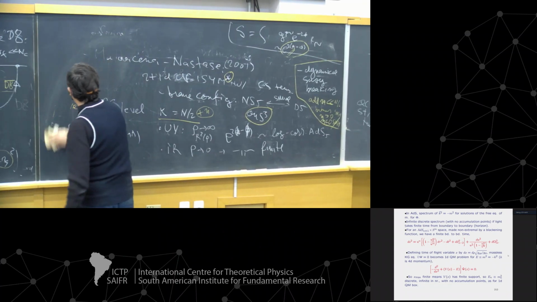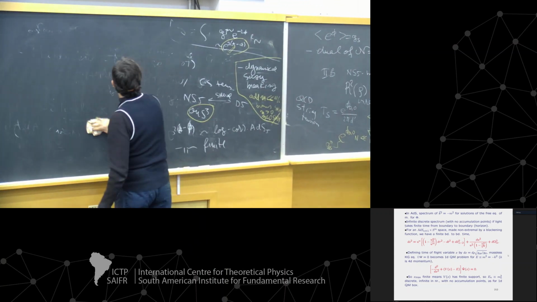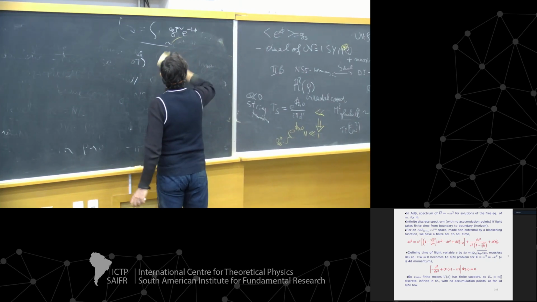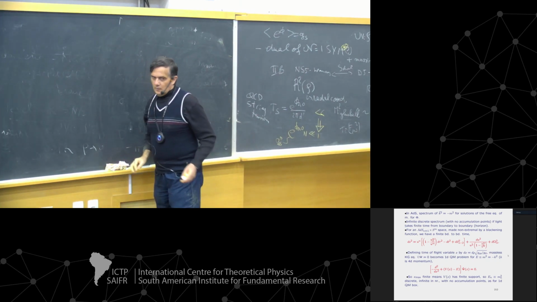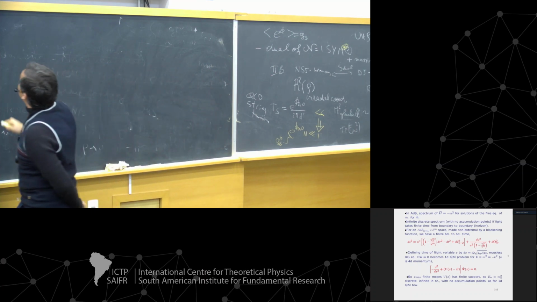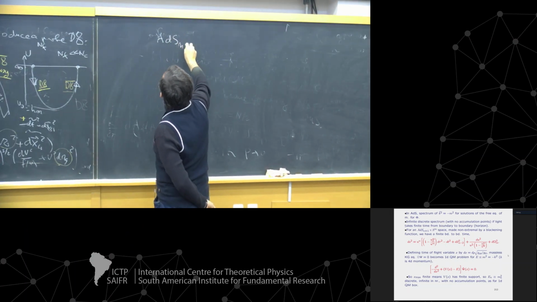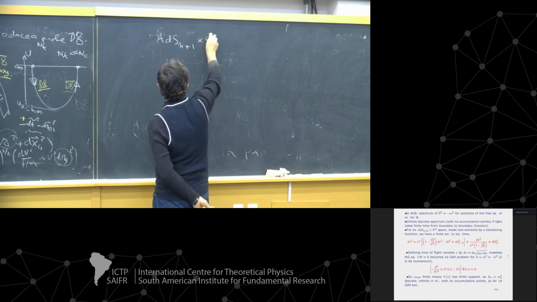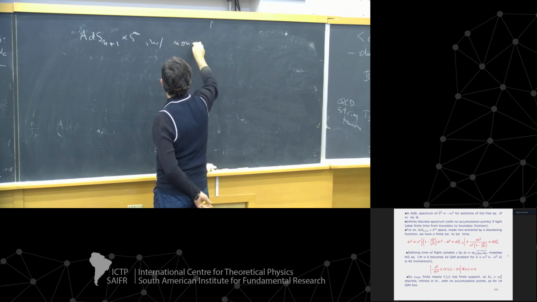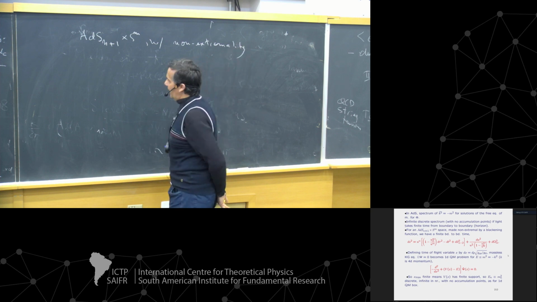So let me consider a space of the type AdS n+1 cross S^m with some non-extremality factor, or sometimes called blackening factor.